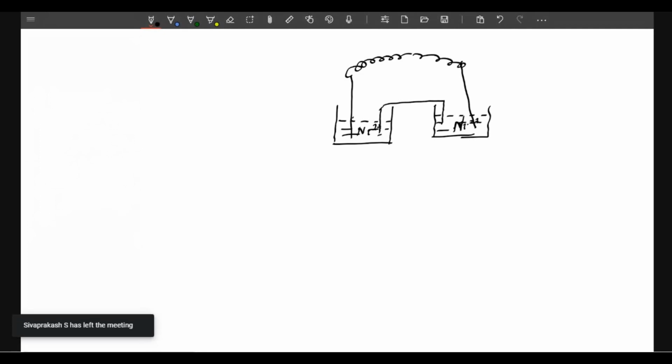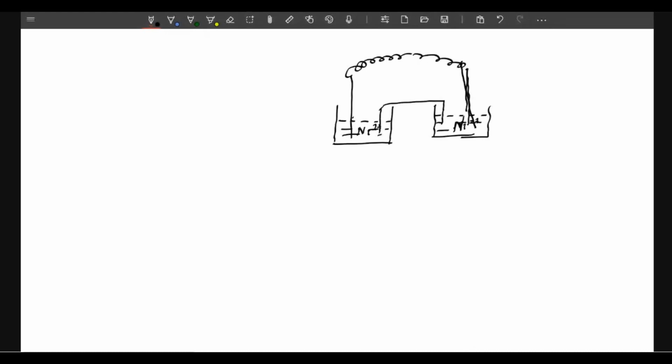Here, what we saw in the last discussion, the metal electrode concentration cell, is that the pure metal should not be taken. You should take the metal in the form of amalgam. And the metal having higher concentration would act as the anode, and the other would be the cathode. Here in this case, the electrolyte concentration remains the same. Now, what we are going to do is keep the solid electrode, their activities are same in both cases.